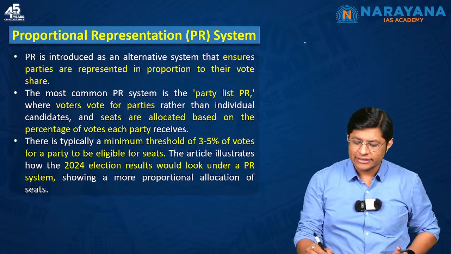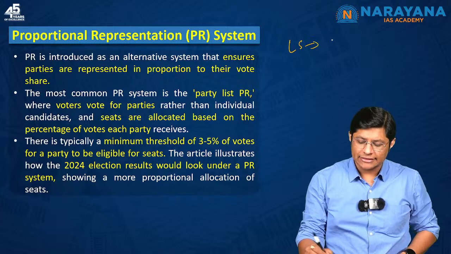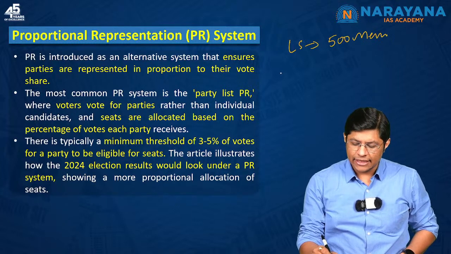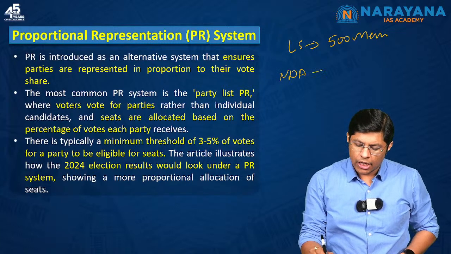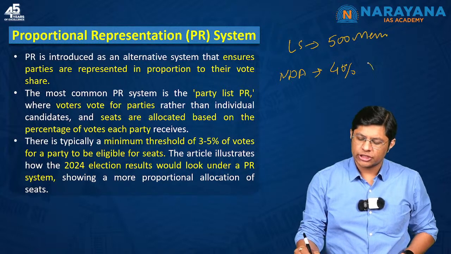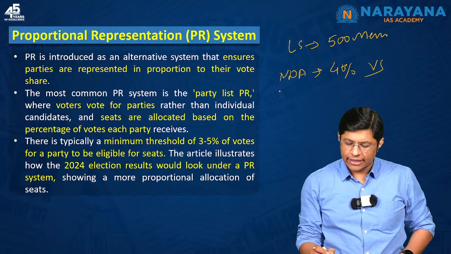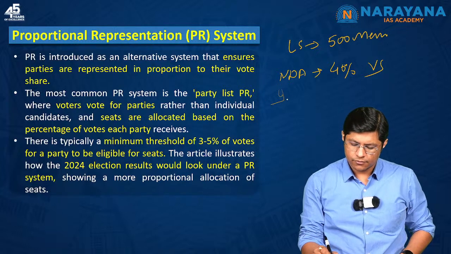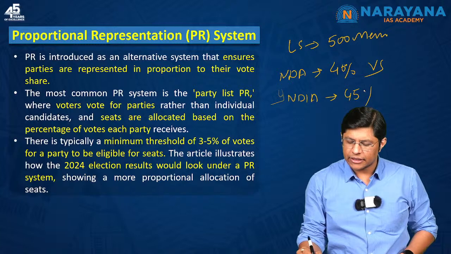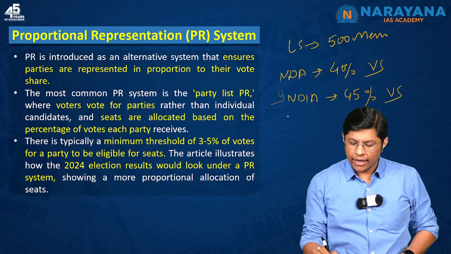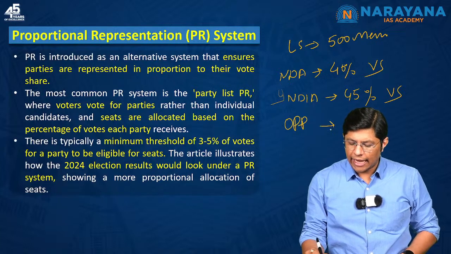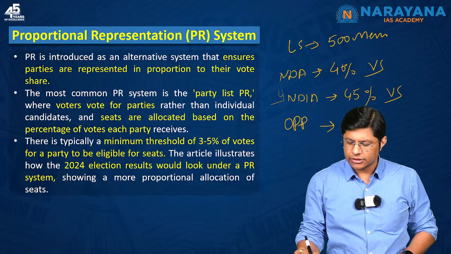So let's say, for example, Lok Sabha has 500 members for the sake of convenience. Let's say the NDA has secured around 40% vote share, and let's say the India bloc has secured 45% vote share. And let's say the other political parties have secured 15%.